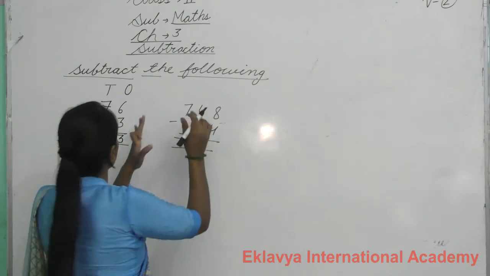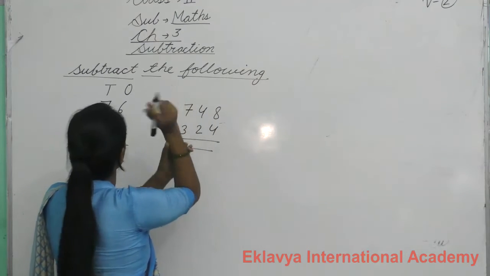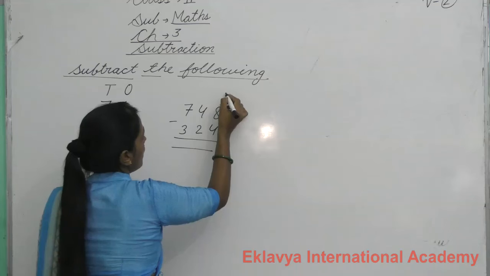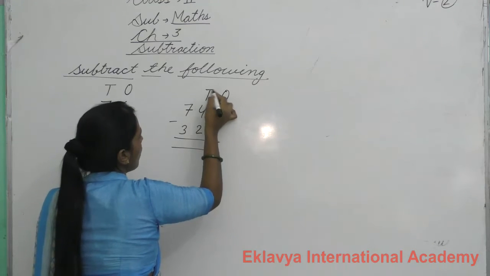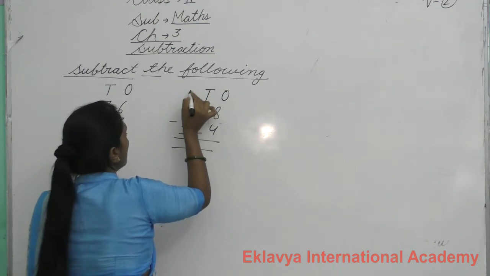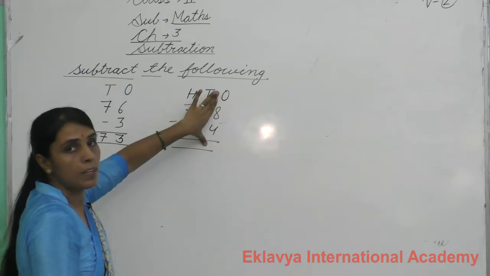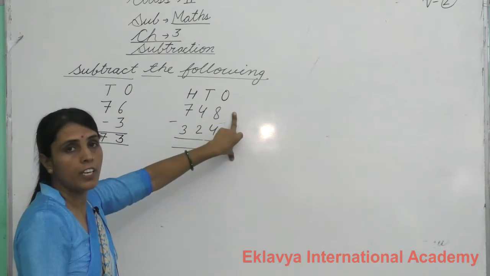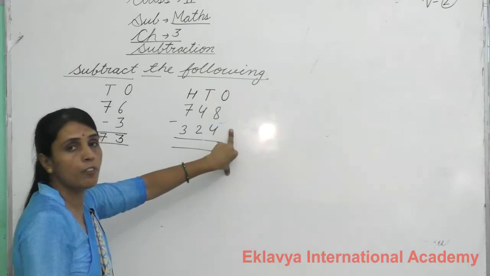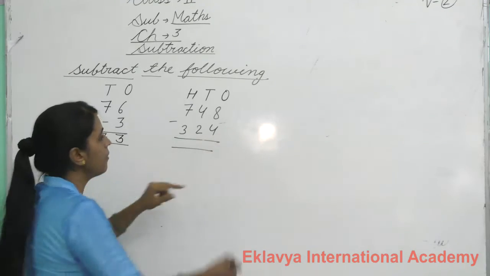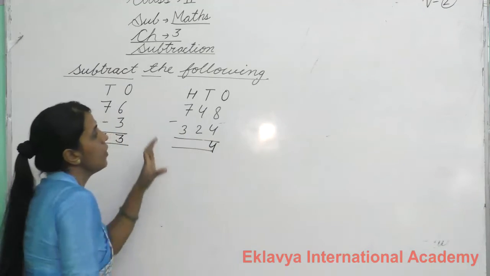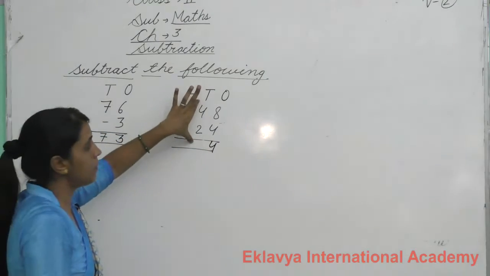We will take the turn of the 100s number. 8 on the 1's place, 4 on the 10's place and 7 on the 100's place. We will take the turn of the 1's place number. You have 8 toffees. You want to eat 4 toffees. How many toffees do you have? 4. We will take the turn of the 10's place number.